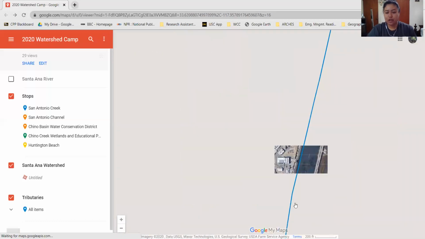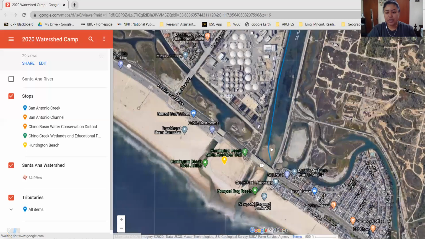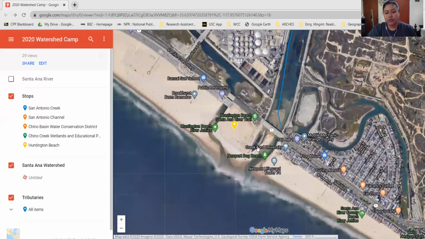So we're going to follow the Santa Ana River down, down, down until we get here to our ultimate exit, which is the ocean. All of the water that comes down through the Santa Ana River exits here at Newport Beach in the Pacific Ocean.